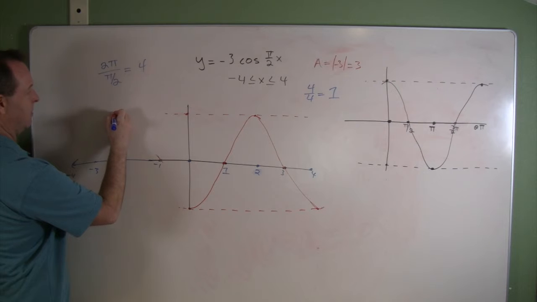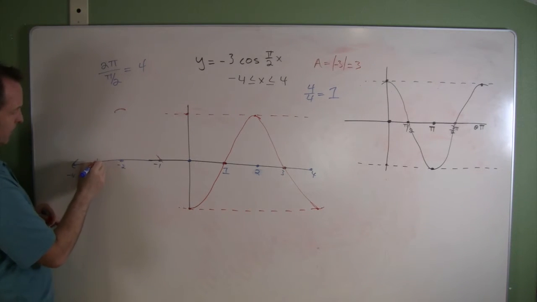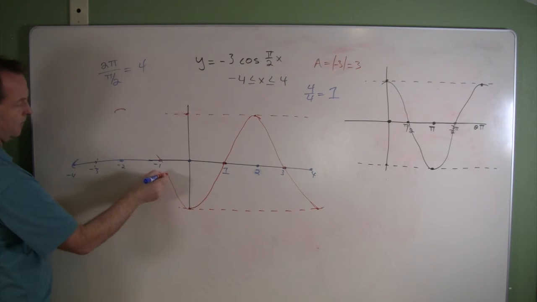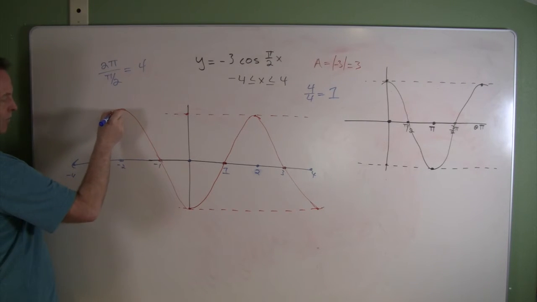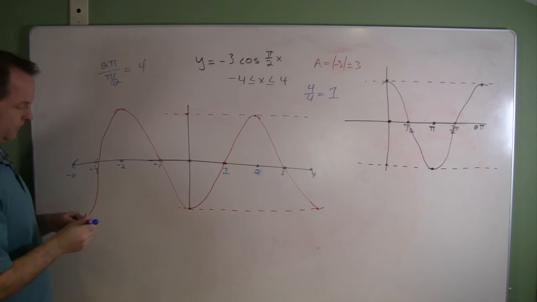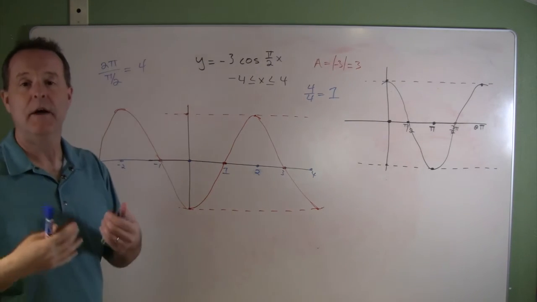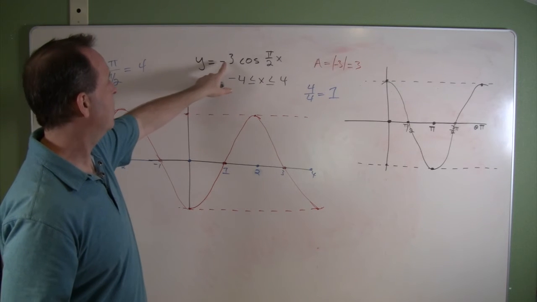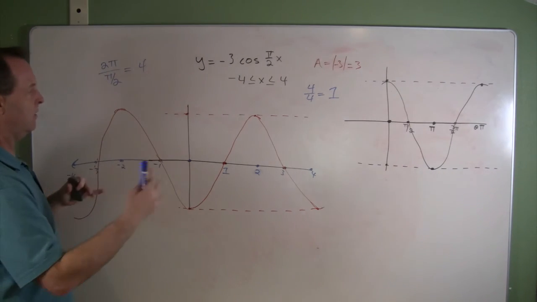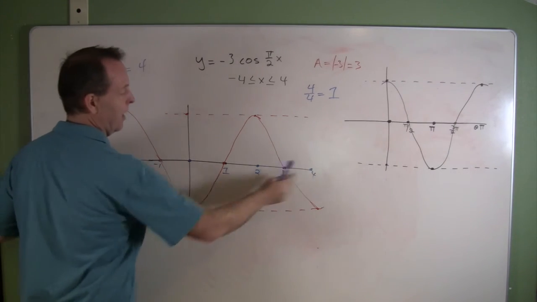It's going to have a maximum right about there, come down to that point, and have a minimum right there. So let's smooth that on out. And there I have my graph of y equals negative 3 cosine of pi halves x on a scale from negative 4 to positive 4.